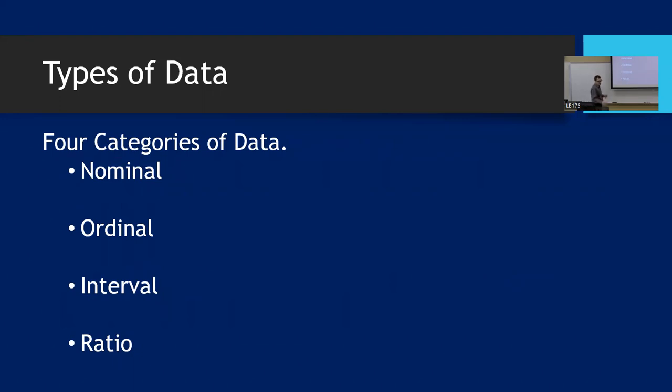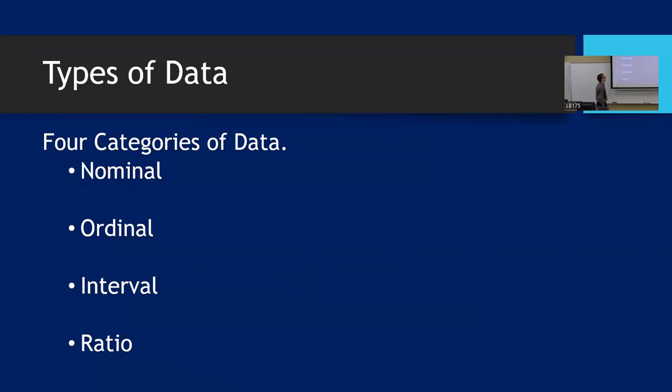So the 4 categories of data are nominal, ordinal, interval, and ratio. And it kind of builds from hardest to use statistically to easiest to use statistically. I think of the lowest amount of good properties versus the highest amount of good properties. Okay.